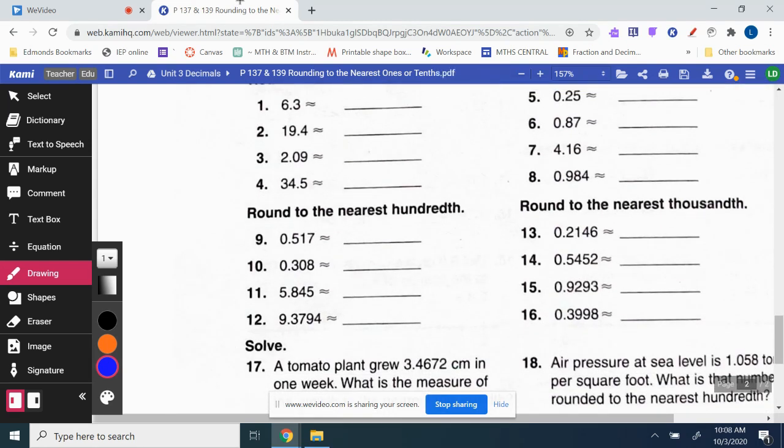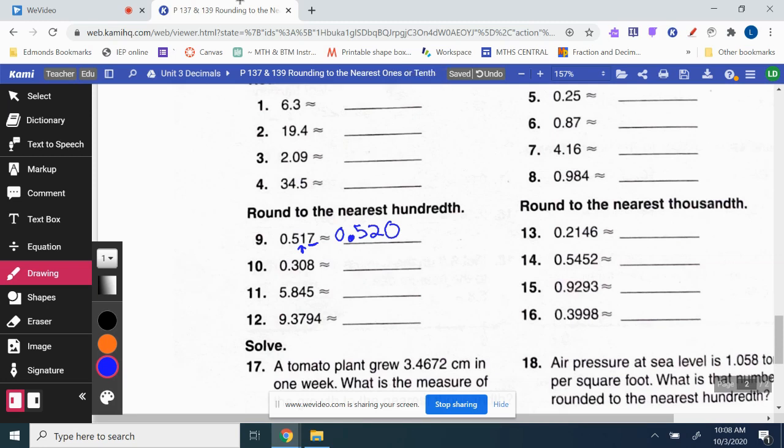So if I'm looking at number 9, I'm rounding to this number right here. I'm rounding that one. So 0.5 stays the same. And because 7 is more than 5, the 1/100th rounds up to 2. And I could leave it that way, or I could add the 0.